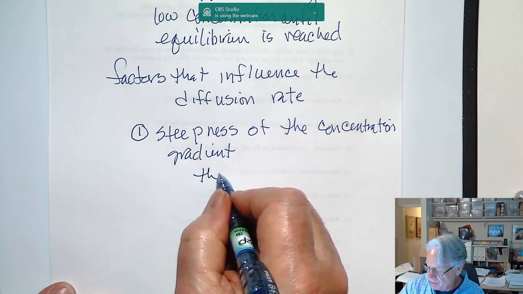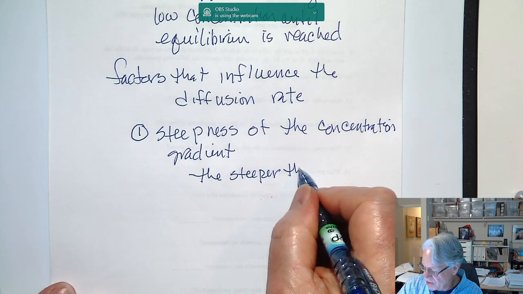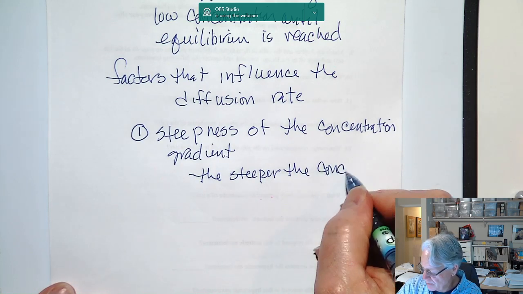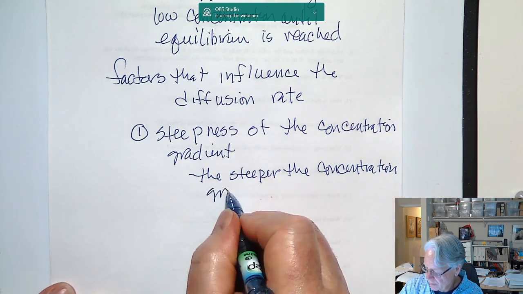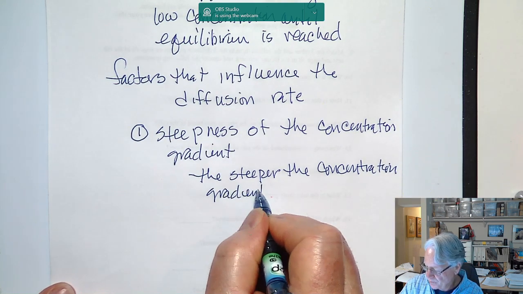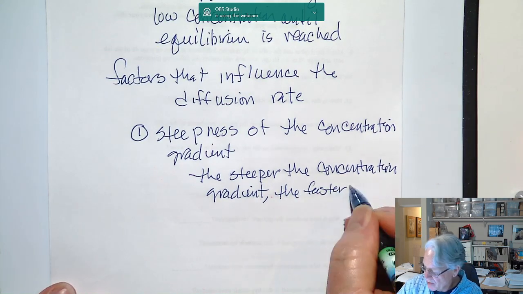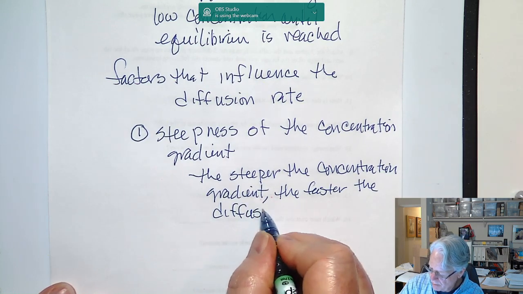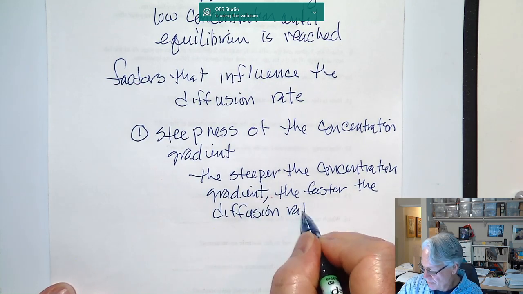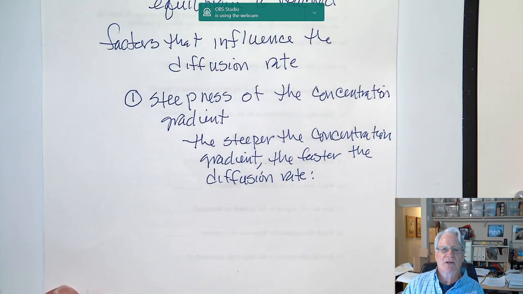So the steeper the concentration gradient, the faster the diffusion rate. The steeper the concentration gradient, the faster the diffusion rate.